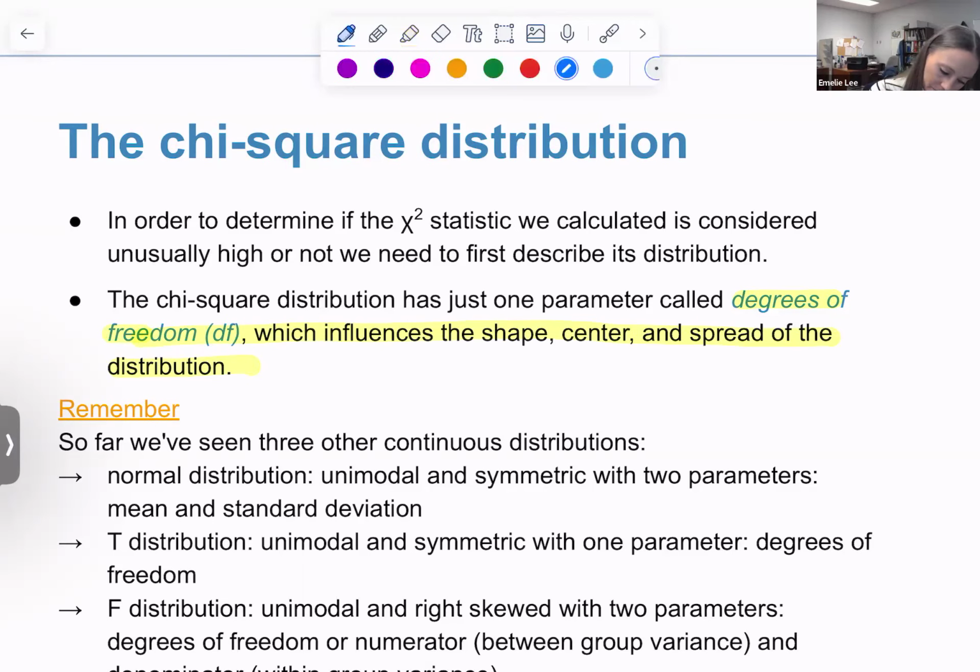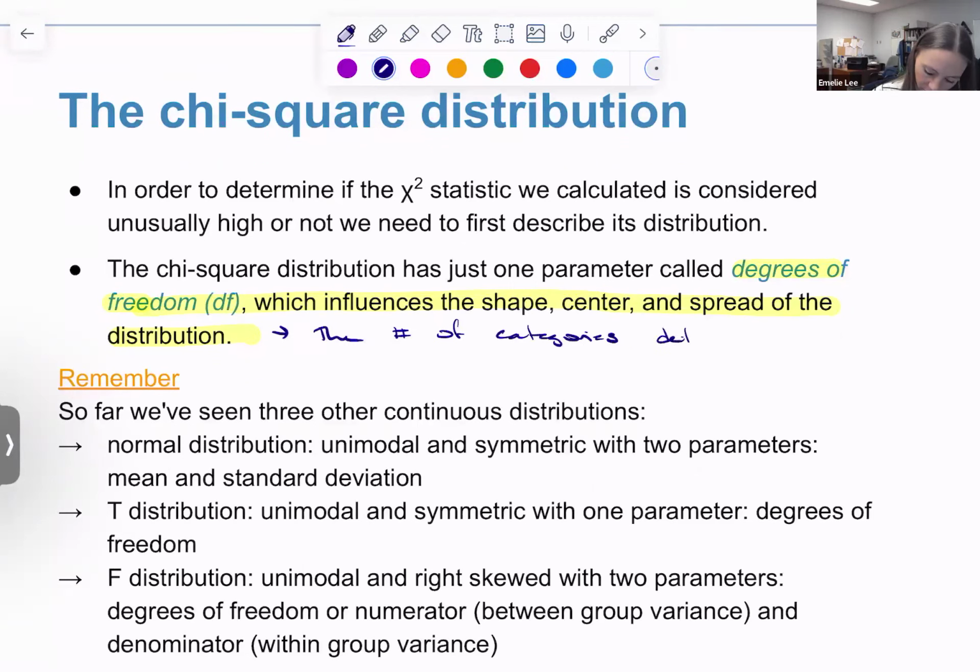So what this means is the number of categories determines the shape and therefore the p-value.